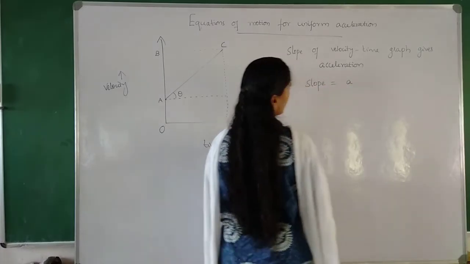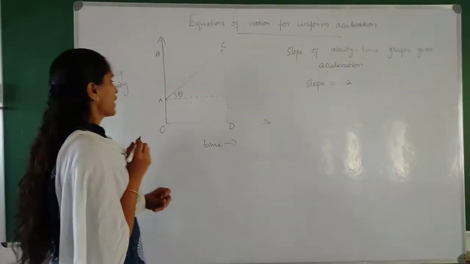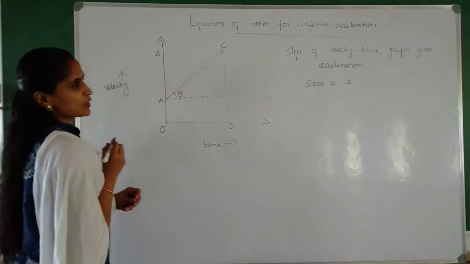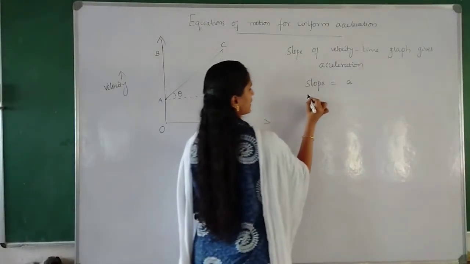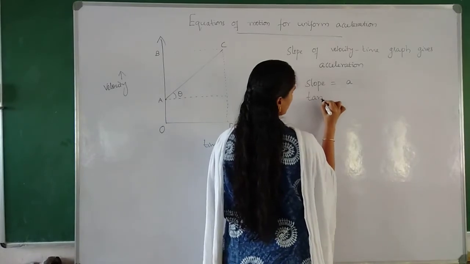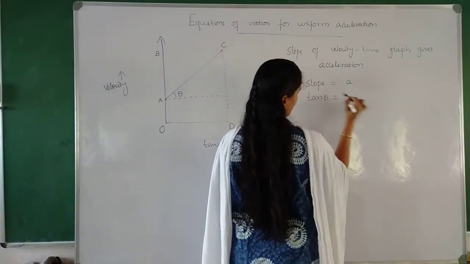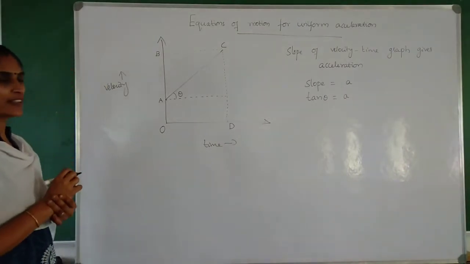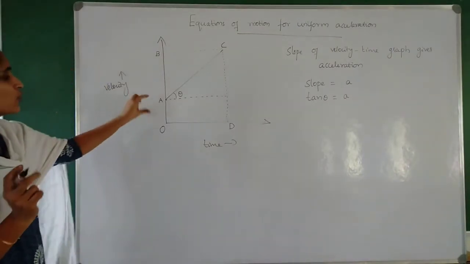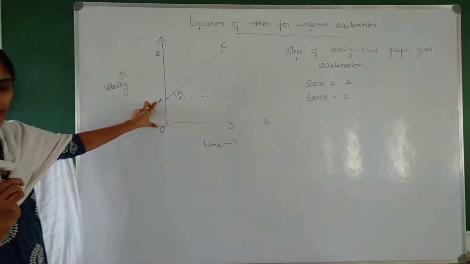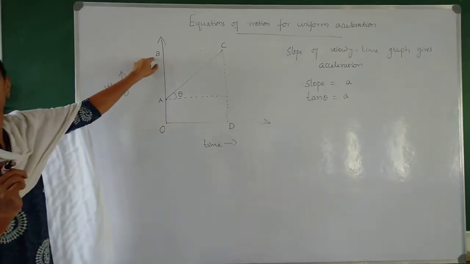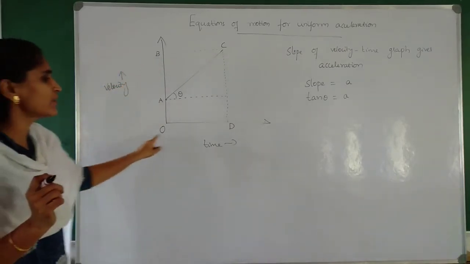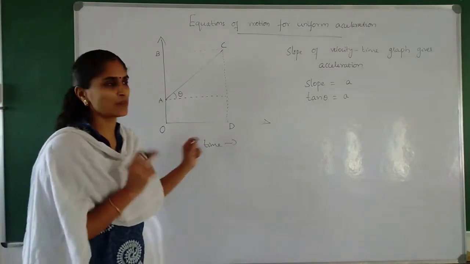So slope can be written as tan theta. So we can write tan theta is equal to acceleration. Now, how to find the acceleration, tan theta? So what is OA? OA is the initial velocity, and what is OB? OB is the final velocity, and what is OD? OD is the time taken.